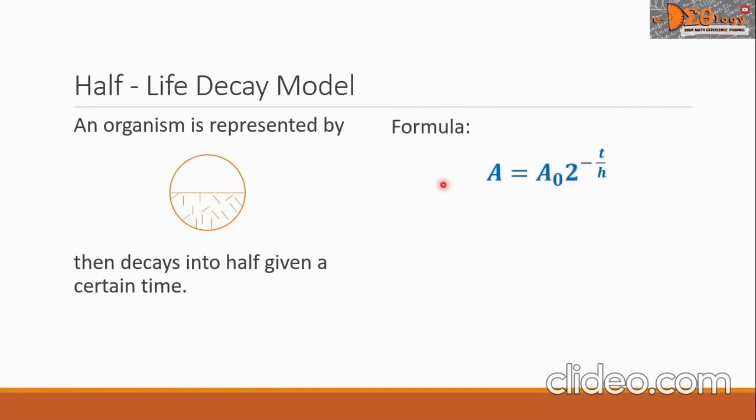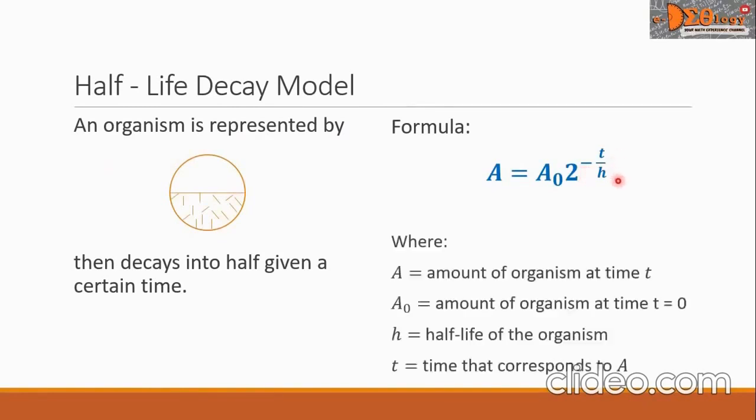We have a formula which is A equals A sub 0 times 2 raised to negative of fraction T over H, where A is the amount of organism at time t.